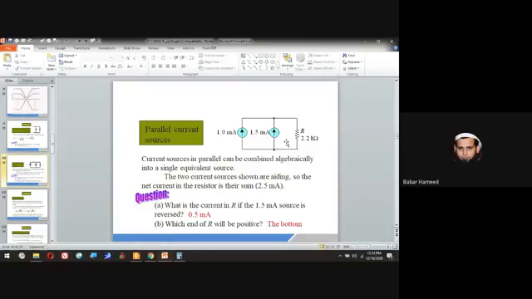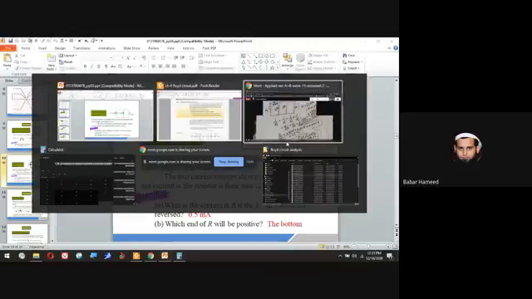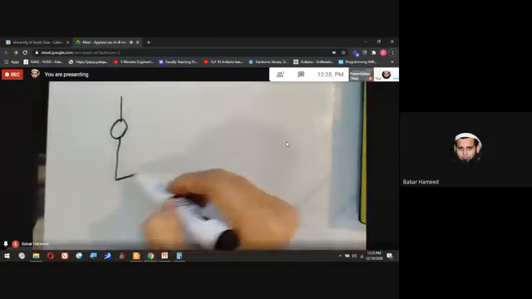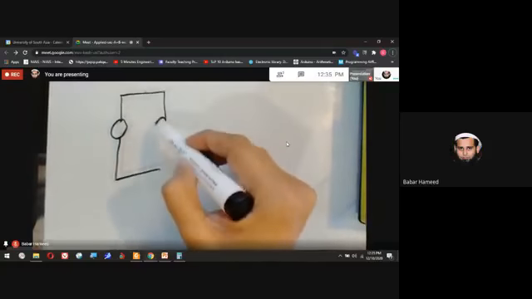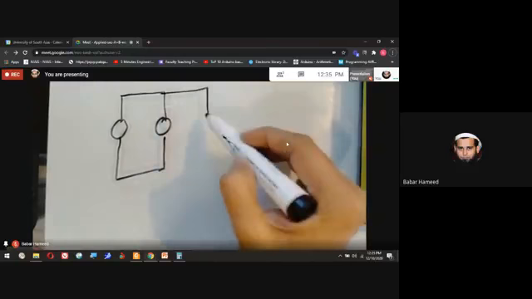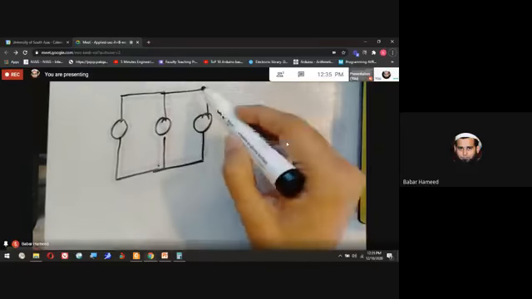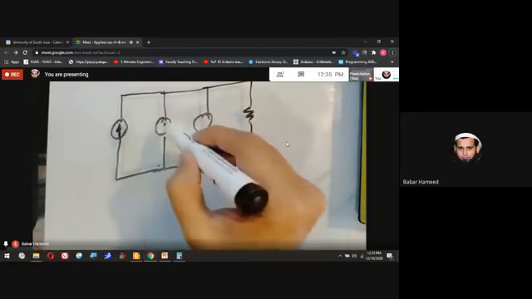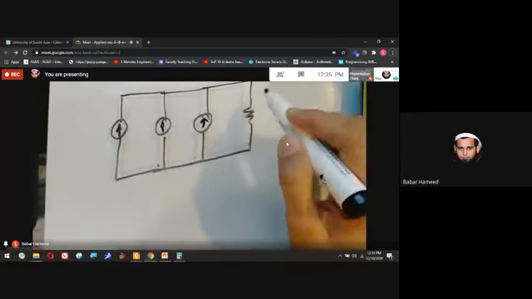For example, I am showing you a figure on paper. All directions are upward here.